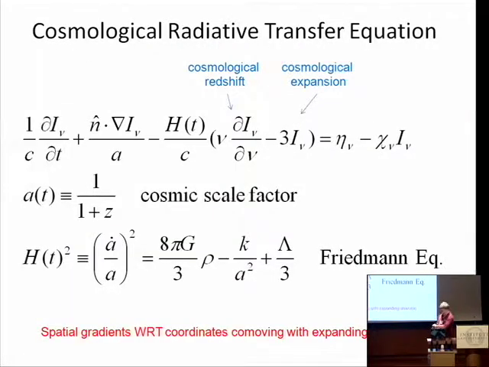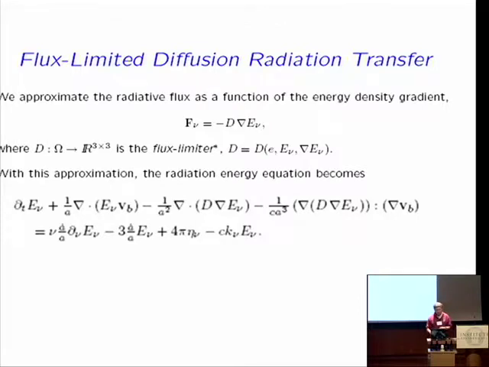Okay, so I'm going to now walk through this algorithm rather quickly so I can show you some movies. So again, this is the radiative transfer equation with all terms. We take this and we calculate angular moments. And we use flux-limited diffusion, which I just told you doesn't cast shadows. So why am I using flux-limited diffusion?